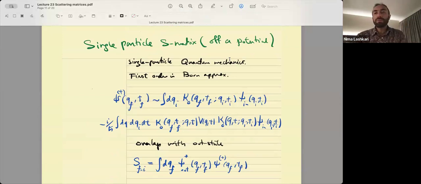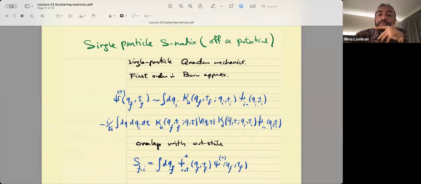It's helpful to go through the single particle S matrix in quantum mechanics, where what you're doing is a lot simpler. You just have a potential and you're scattering off of a potential.